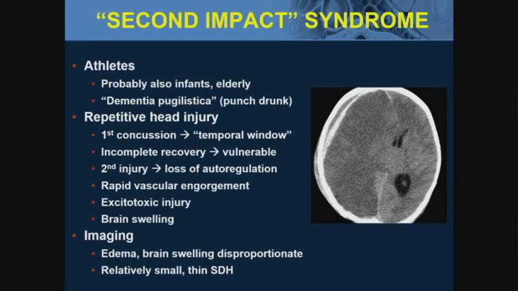And what I think happens is that the first trauma or the first concussion opens this temporal window of vulnerability, during which time, if there is a second injury, either abusive head trauma with inflicted injury or another fall, then they get disproportionate brain swelling. And here's a very sad case of a child with mixed subdural hematomas, and you can see the massive brain swelling that's way out of proportion to the size of the subdural.